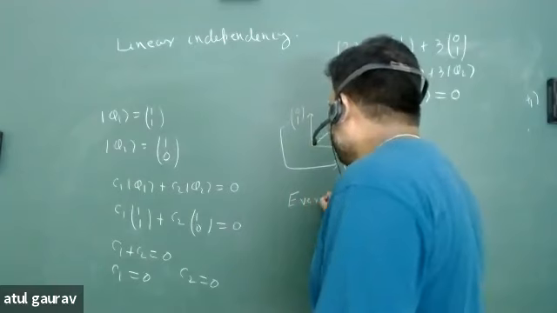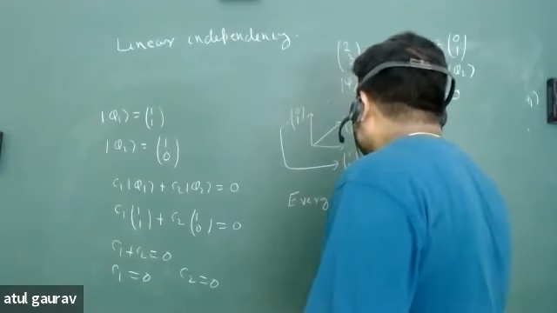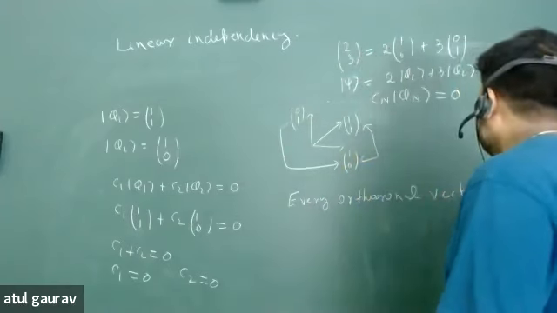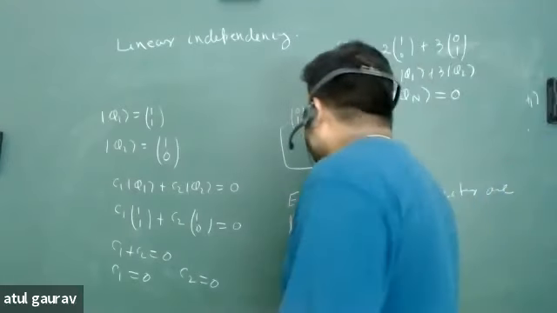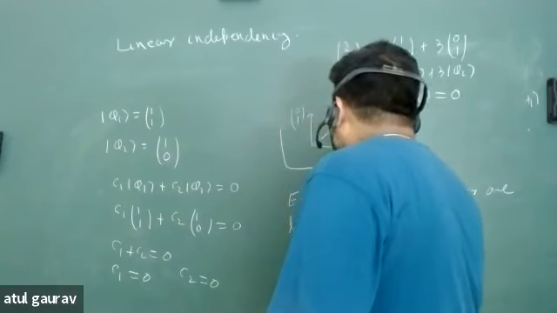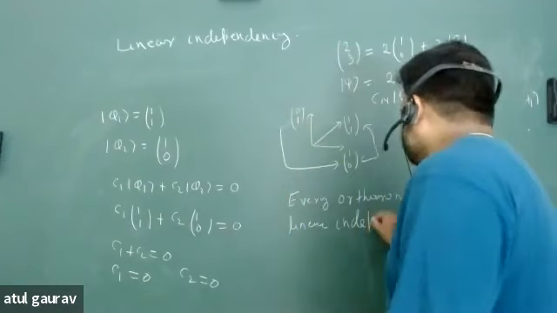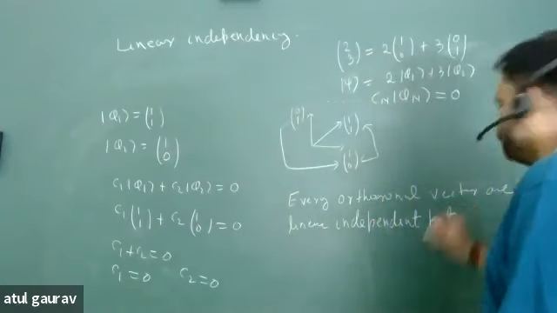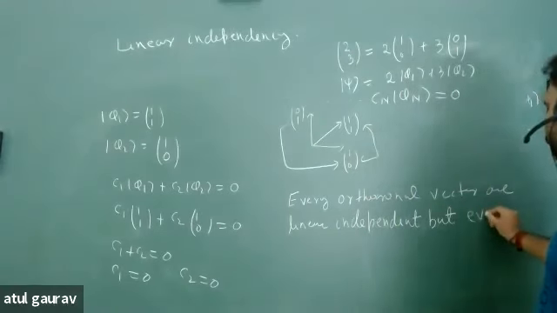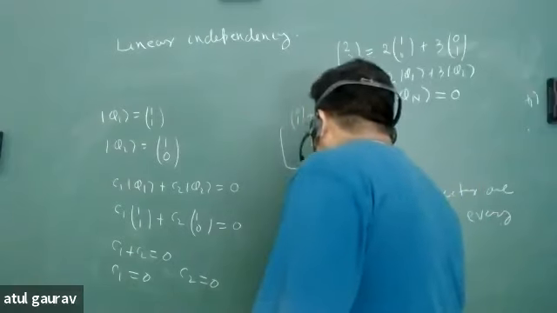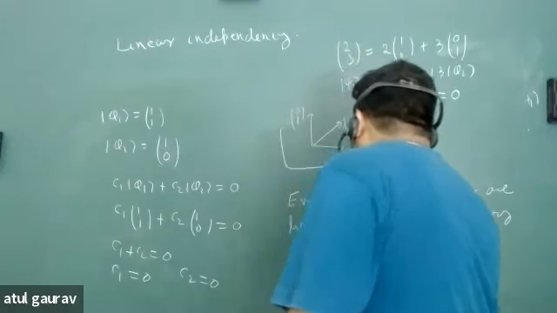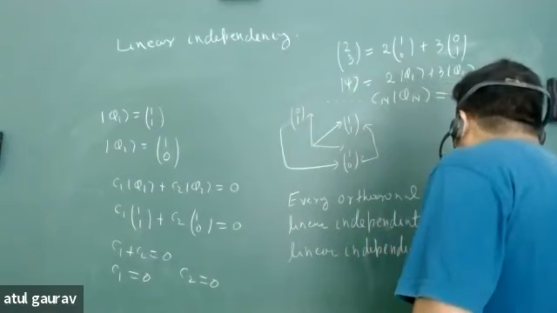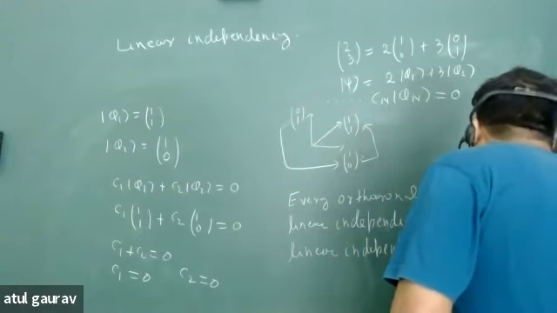Every orthogonal vector is linearly independent, but every linearly independent vector is not orthogonal.